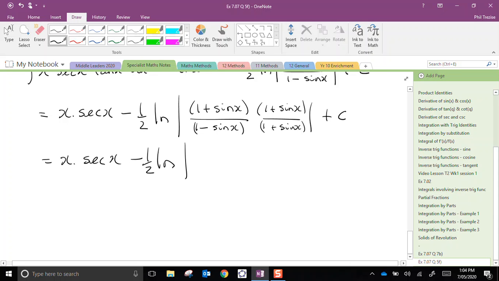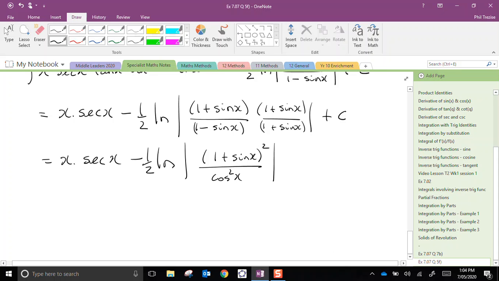Now I'm not writing, well, I'll write the half, I'll put the half there, but just be prepared for things to change in a moment. So the numerator here is 1 plus the sine of x squared. The denominator is a difference of 2 squares. It's really 1 minus sine squared x.